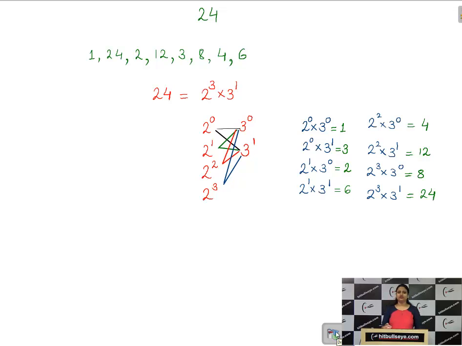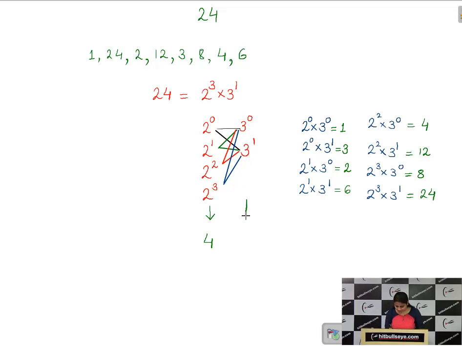Instead of counting all the combinations, see, I'm in the combination here: from the first column, which consists of all the powers of 2, if we want to make a choice, that can be done in 4 ways. Either we can choose 2 raised to power 0 or 2 raised to power 1 or 2 raised to power 2 or 2 raised to power 3.